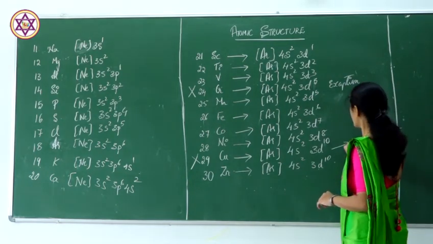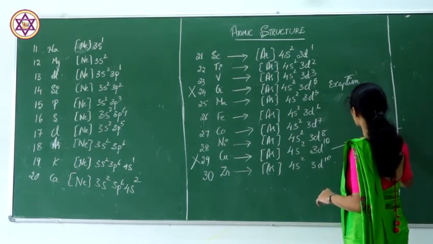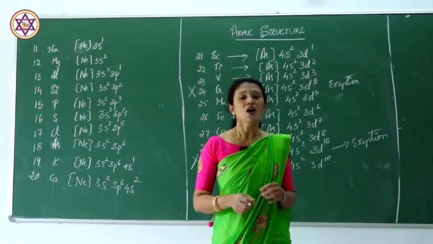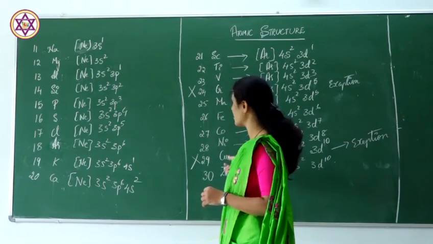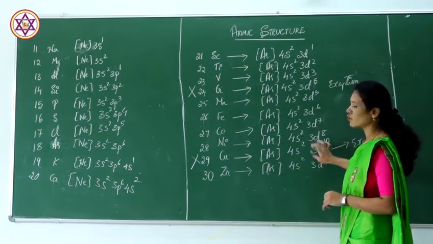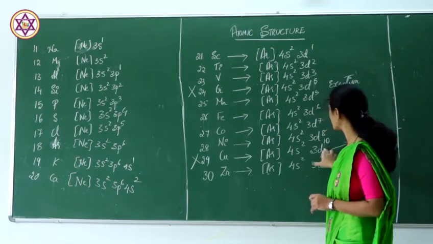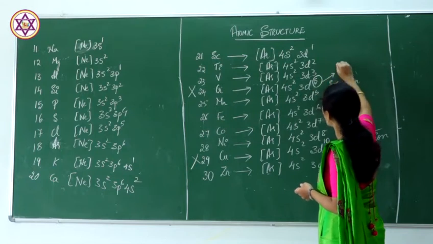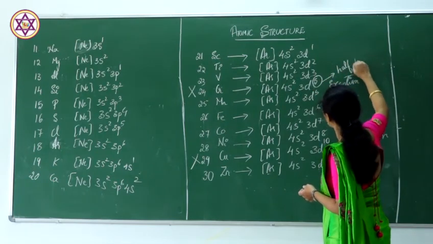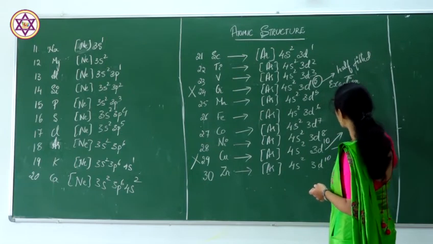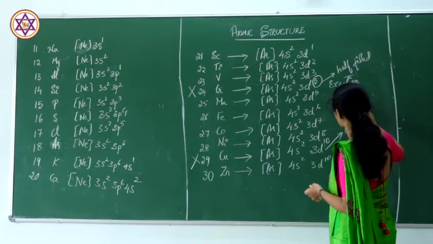This is also an exceptional case. There are two exceptional elements in the filling of electrons which do not obey the Aufbau principle, that is chromium as well as copper. When I take chromium and copper, here the d subshell is half filled, and here the d subshell is completely filled.